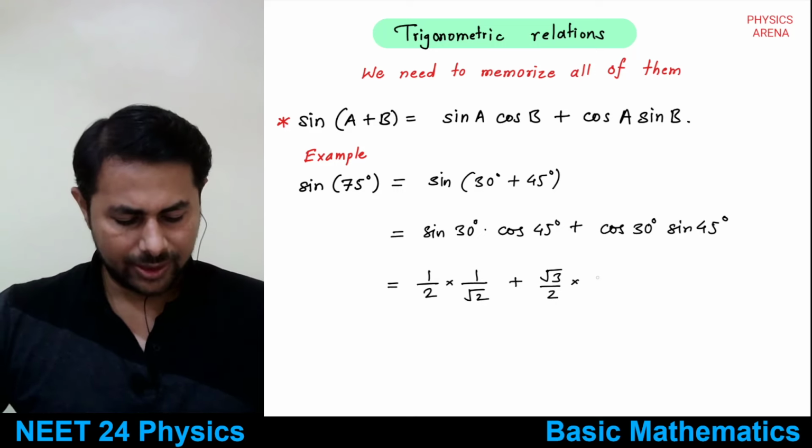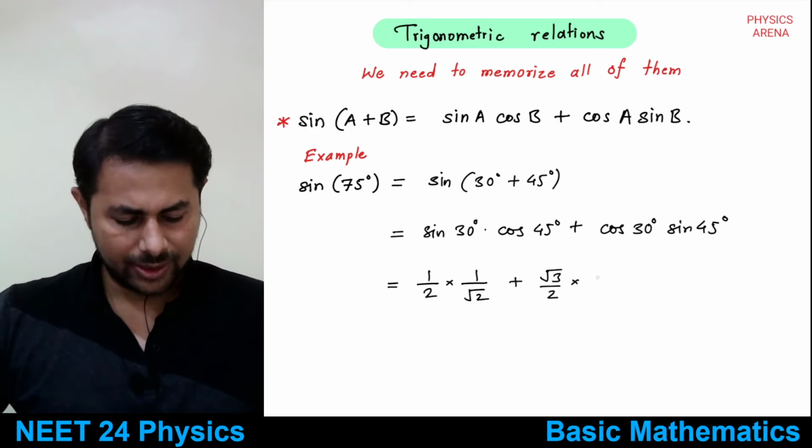Sine of 2 pi plus theta, sine of 4 pi plus theta, sine of n times 2 pi plus theta will come out to be equal to sine theta. How? You can apply this formula: sine of 2 pi plus theta is sine 2 pi cos theta plus cos 2 pi sine theta, the sine of a plus b formula. And then what is sine of 2 pi?